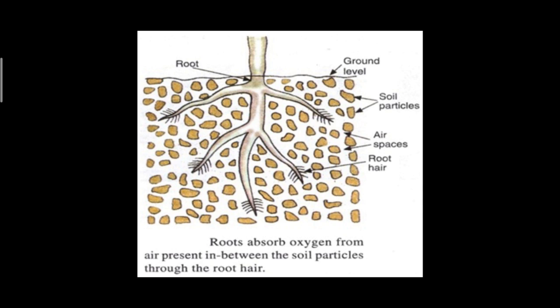Now you may understand how loosening of the soil is very important for plants. So the root portion of the plant will get enough oxygen to breathe, and respiration will happen there. So the roots can grow properly, and healthy roots give a healthy plant.